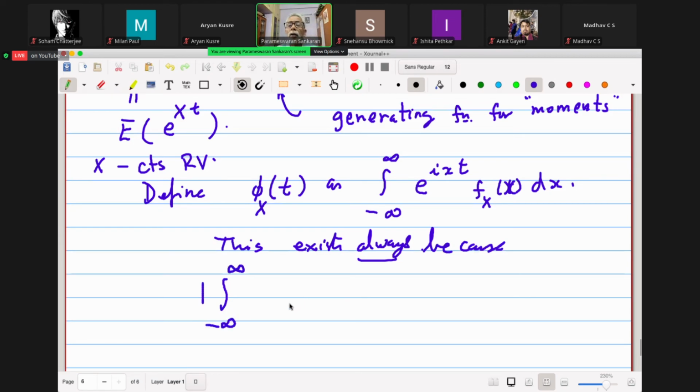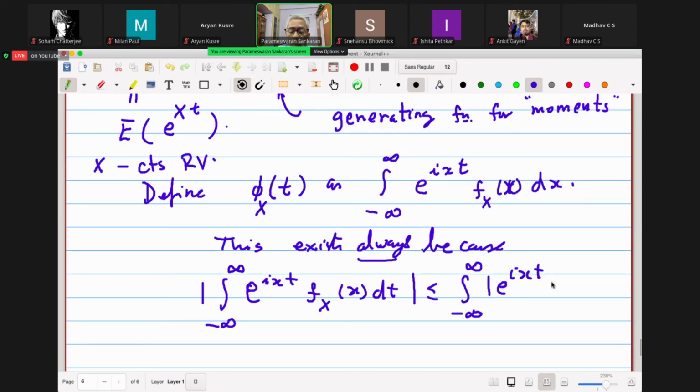This is my last remark for today. The absolute value of the integral of e power i x t f x of x dx is less than or equal to the integral from minus infinity to infinity of the absolute value. You can take the absolute value inside, then e power i x t becomes 1, since x and t are real variables.